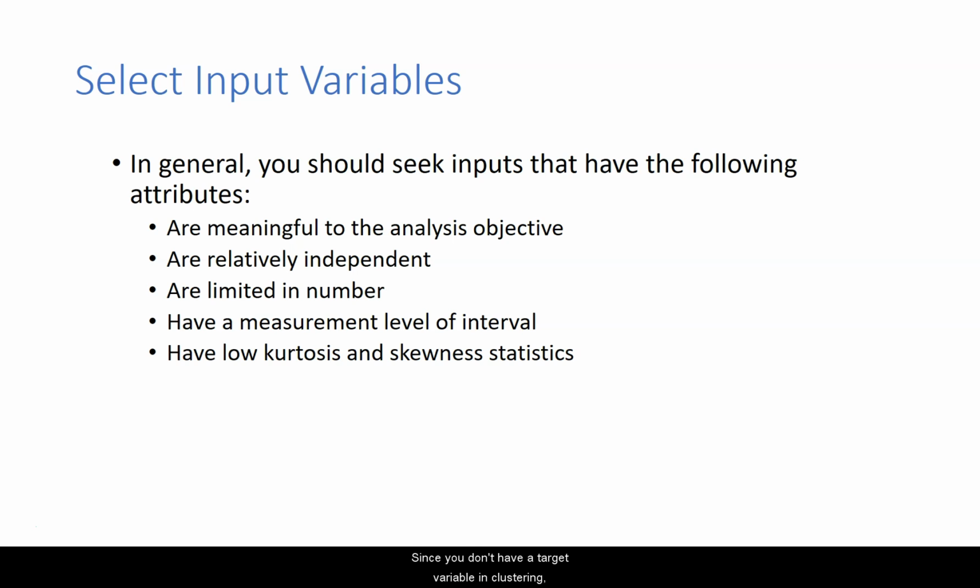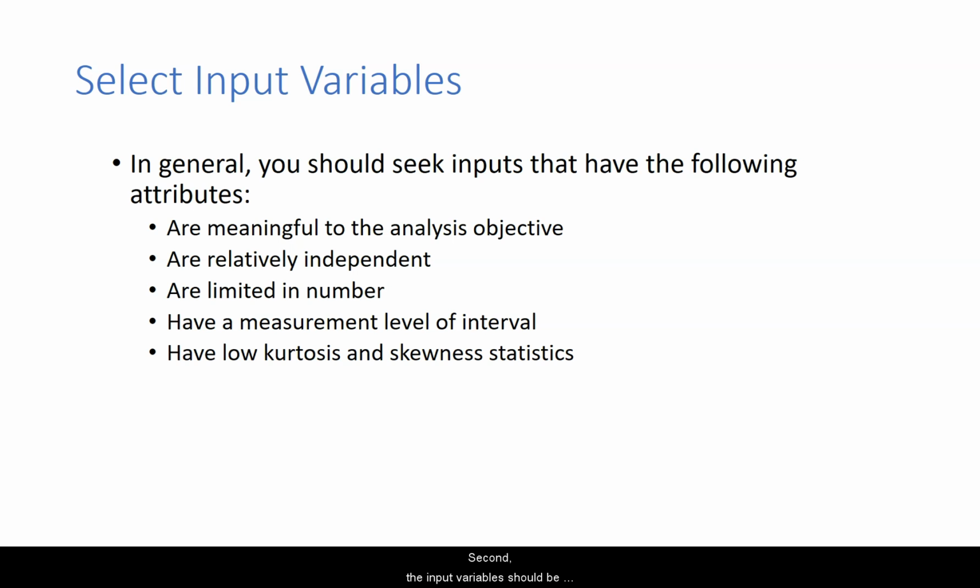Since you don't have a target variable in clustering, relevance of the inputs is determined based on your domain knowledge. Eliminate any variables that do not clearly have anything to do with your desired segments. For example, if the goal of your cluster analysis is to identify groups of customers to target for products at different price points, then input variables related to income, spending patterns, and price sensitivity may be good candidates.